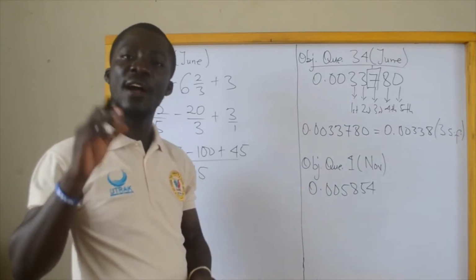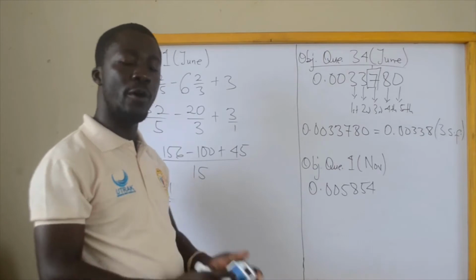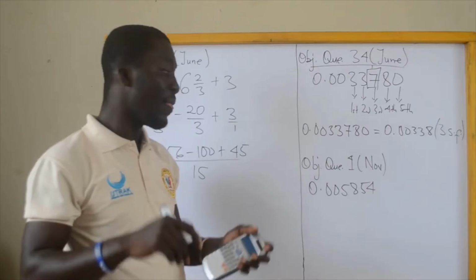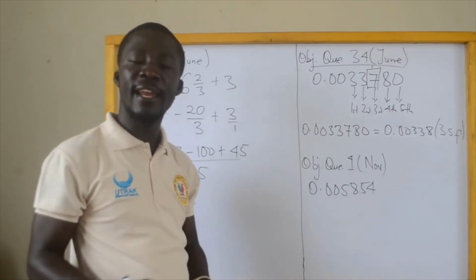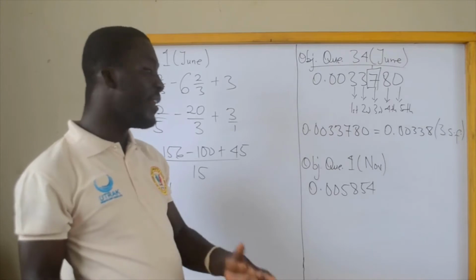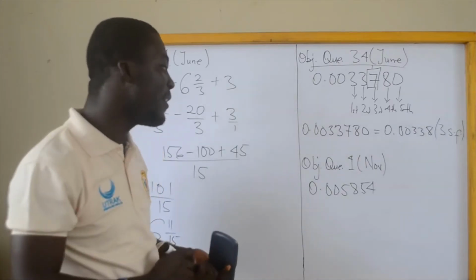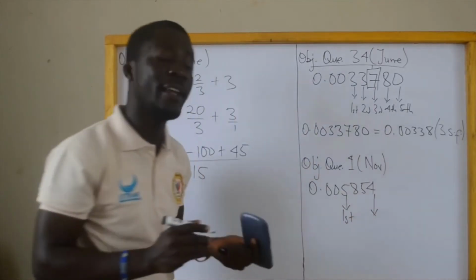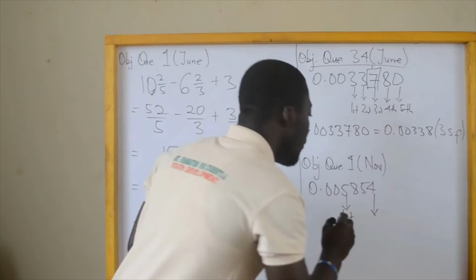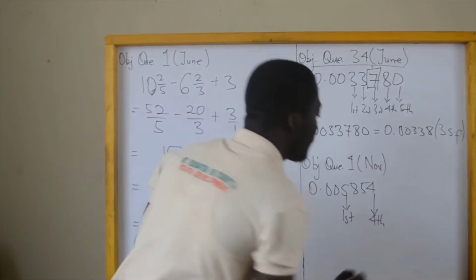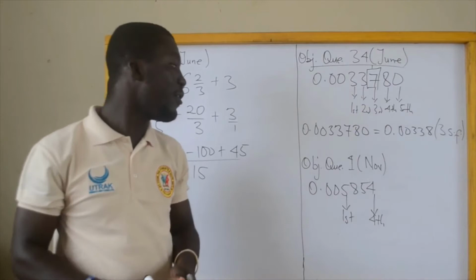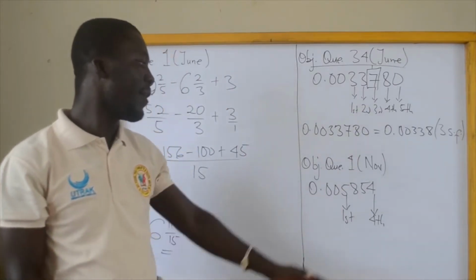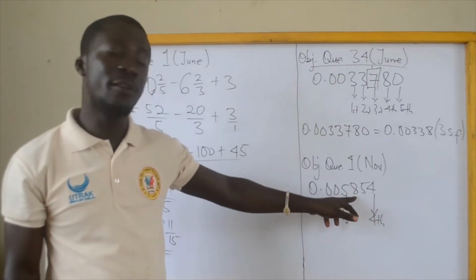Here we are going to use the decimal rule of significant figures, which says that only trailing zeros of a decimal are significant, meaning that our first significant figure will be 5, and our last significant figure, which is the 4th, will be 4. So if we are going to convert this decimal to 2 significant figures, we will look at the second one, which is 8.